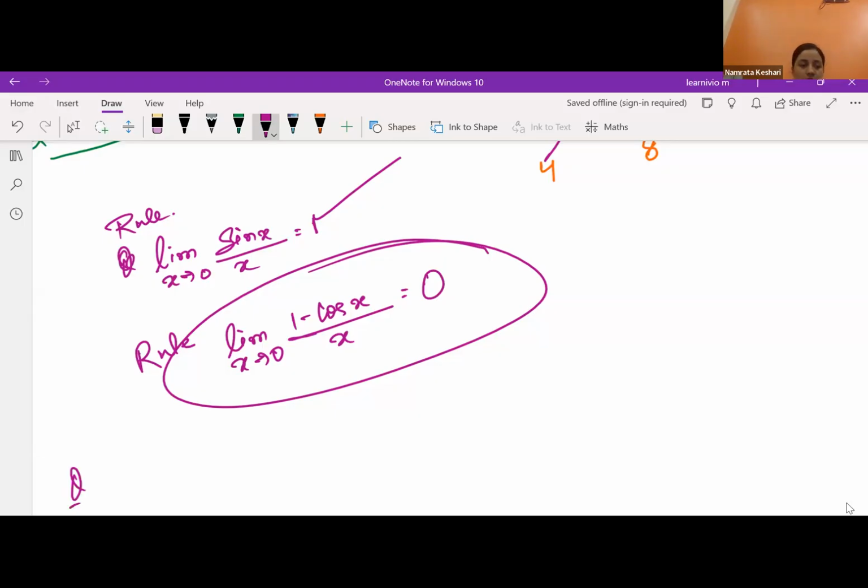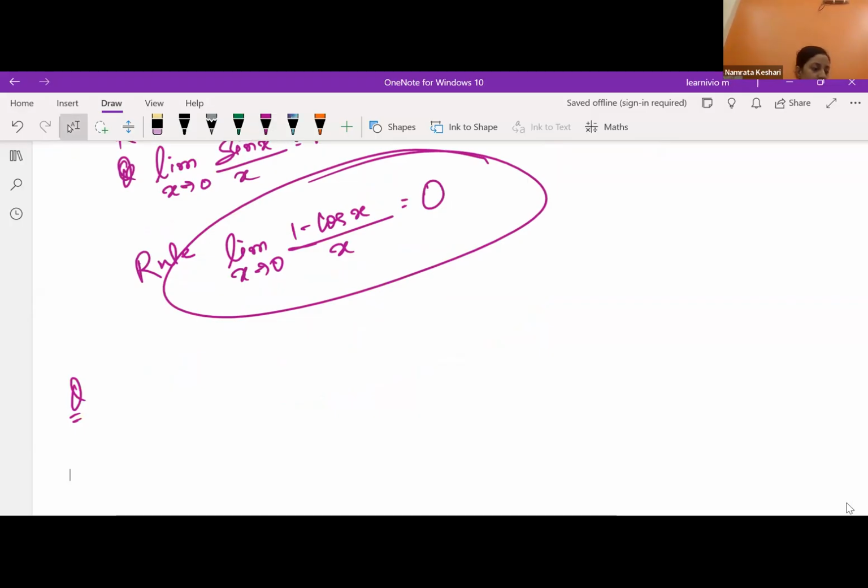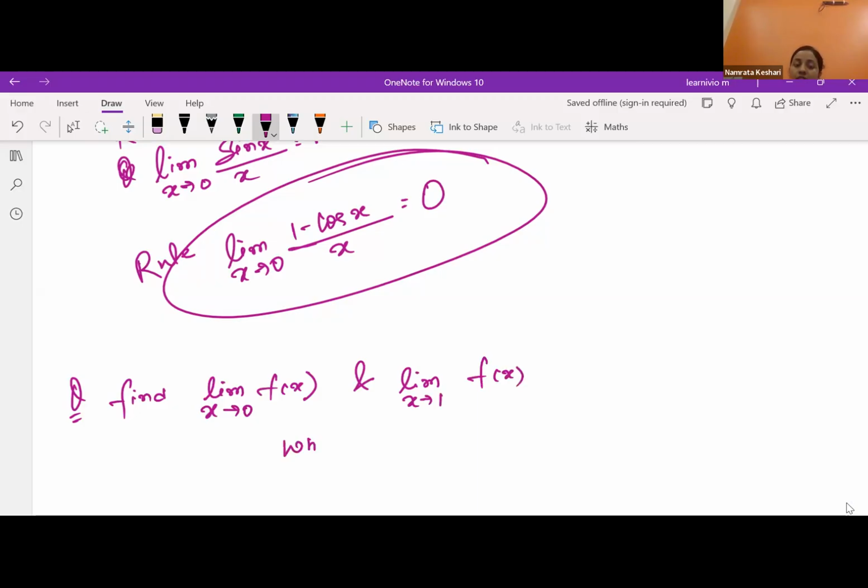So the question is, find limit x tends to 0 f of x and limit x tends to 1 f of x, where f of x is a piecewise defined function.